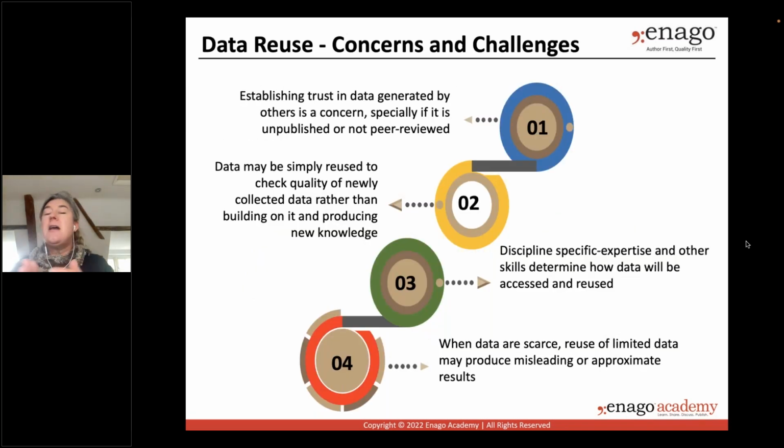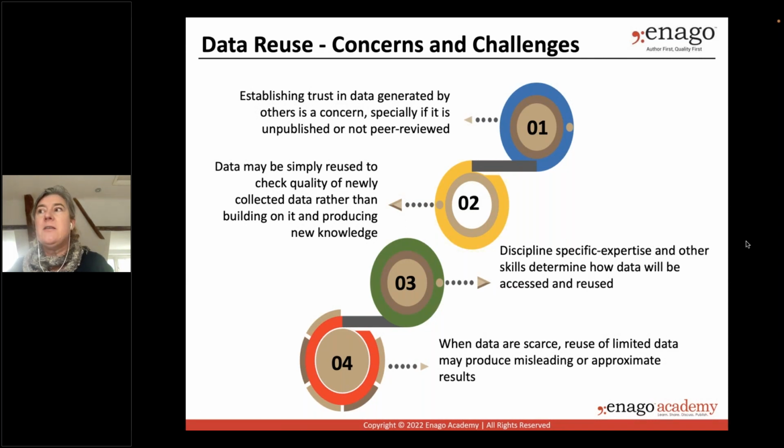Having said that, there are concerns and challenges. Establishing trust in data is really important. If you can reuse data, it can start to become a benchmark in that particular field, but you also need sufficient expertise to understand the data that you're working with.